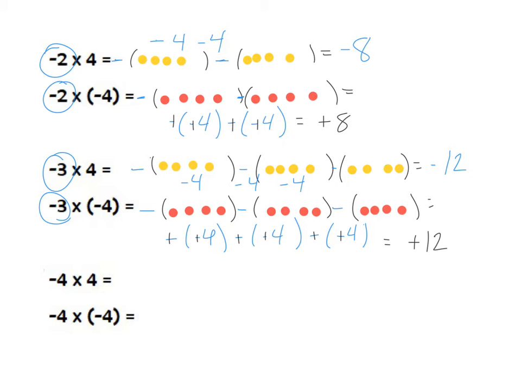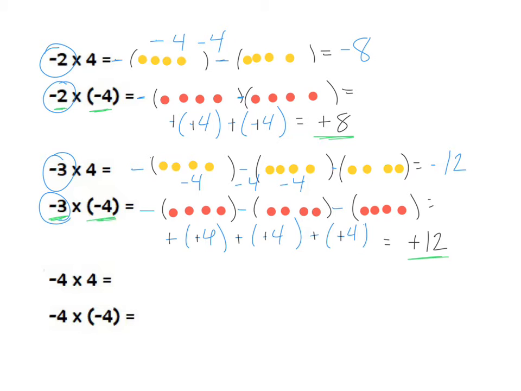Now, we need a rule for this. So here's our rule. If you have double negatives, you end up with a positive. For instance, if we look at these two guys right here, we've got a negative right here and a negative right here and a positive answer. A negative here, and we ended up with a positive answer.